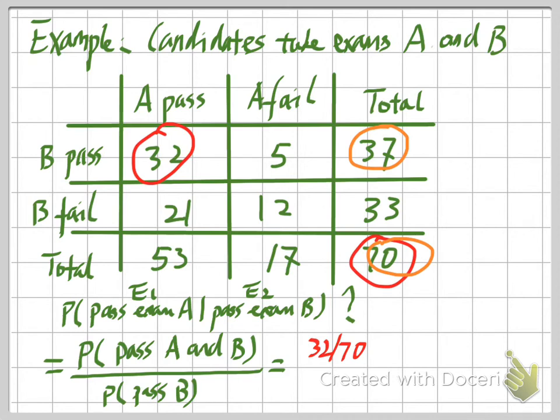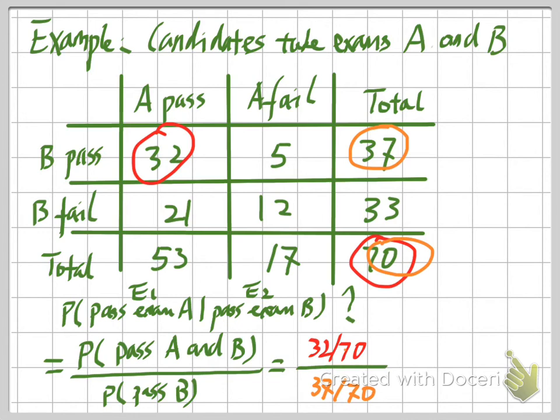I circle the number in the original color. Based on this information, the denominator should be 37 divided by 70. This is how we compute the probabilities for the numerator and denominator.